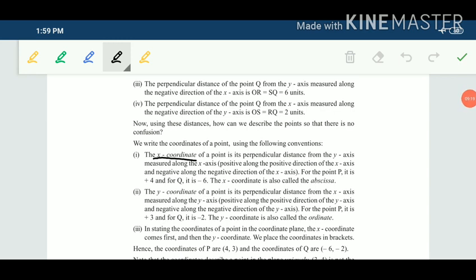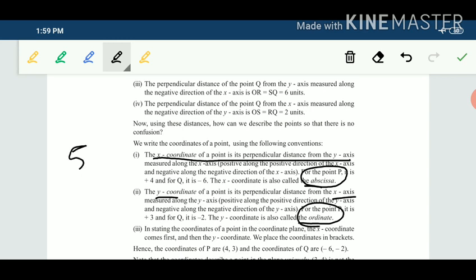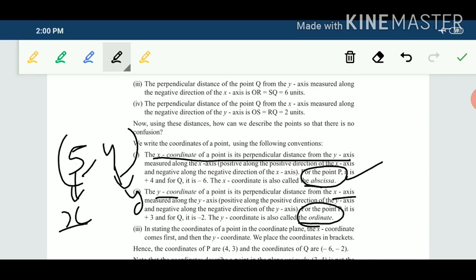The x coordinate is the perpendicular distance from the y-axis, and it is known as the abscissa, and the y coordinate is the perpendicular distance from the x-axis, and it is known as the ordinate. So if (5, 4) is given, 5 is the value of x and 4 is the value of y. This x is known as the abscissa and the y value is known as the ordinate.